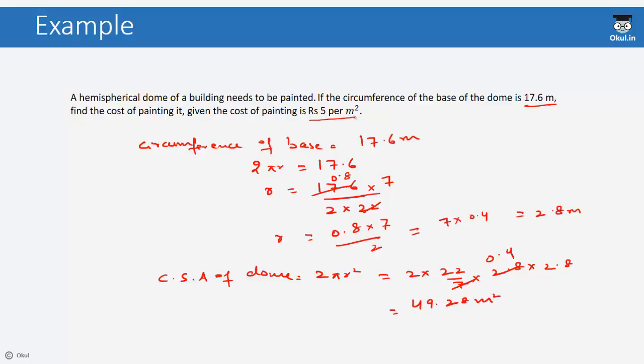Since the cost of painting is rupees 5 per meter square, the total cost will be rupees 5 multiplied by 49.28. When we multiply, we get the total cost to paint the hemispherical dome, that is equal to rupees 246.4.